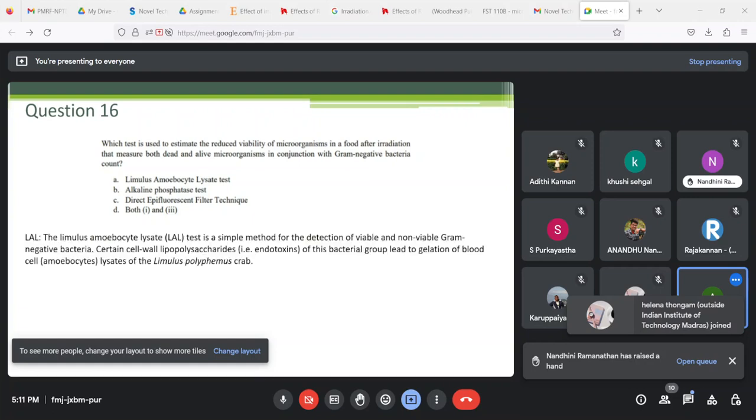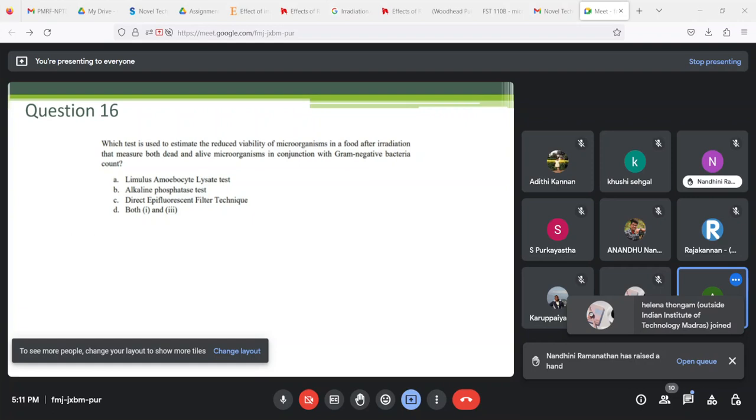So one of the characteristics of a gram-negative bacteria is that it has a cell wall. Outside the cell wall, it has something known as a lipopolysaccharide, which is known as the LPS. So that is the characteristic feature of a gram-negative bacteria, and that is what is exploited in this test.